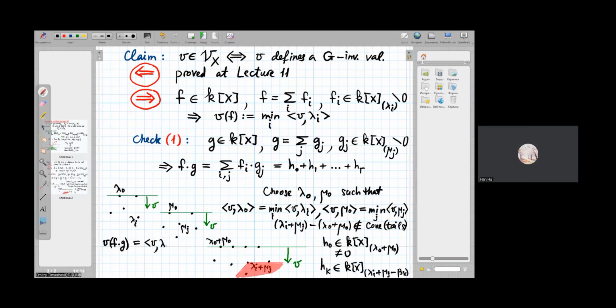It is the same as this pairing. The minimum of this pairing is reached on lambda naught plus mu naught.